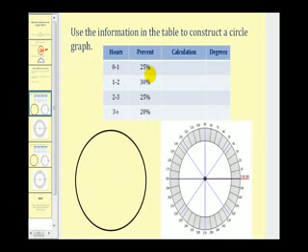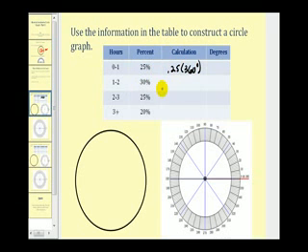And one way to do that is to determine what percent of 360 degrees would represent each category. So for example, for this first category, since 25% of the people answered between 0 and 1, we want to find 25% of 360 degrees. And the way we do that is we convert the percentage to a decimal and then multiply by 360 degrees.